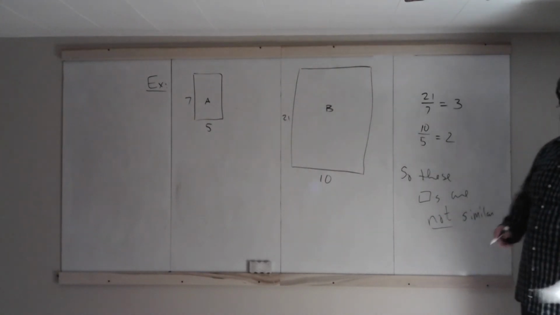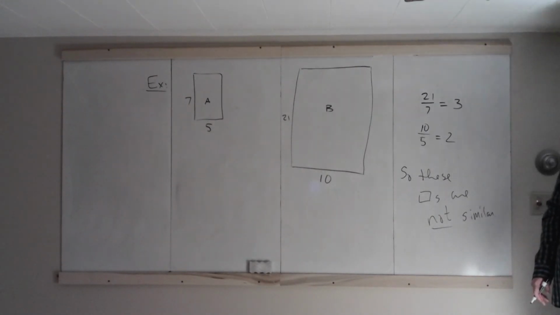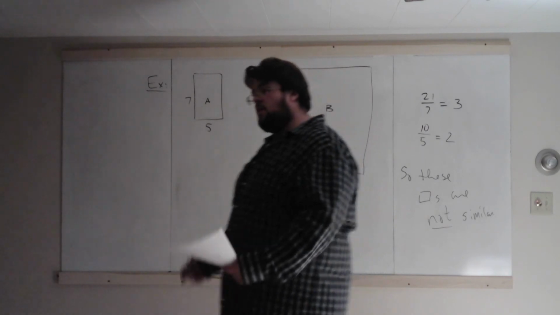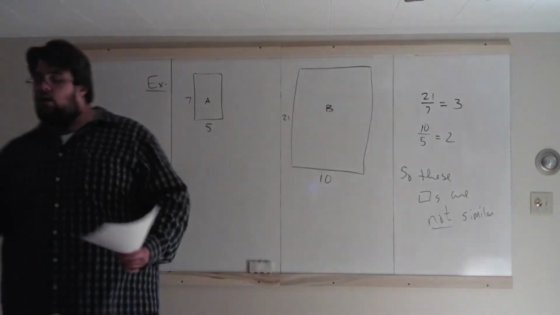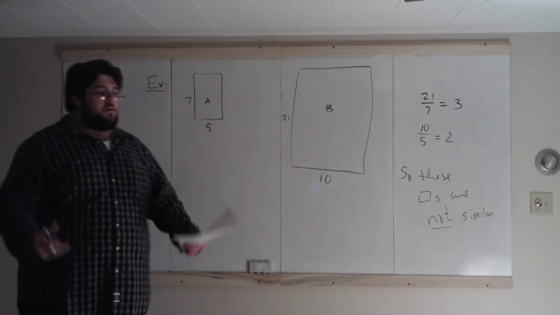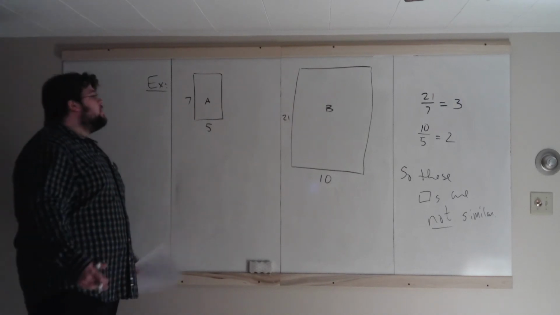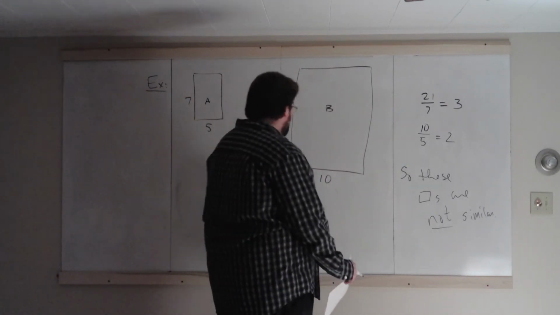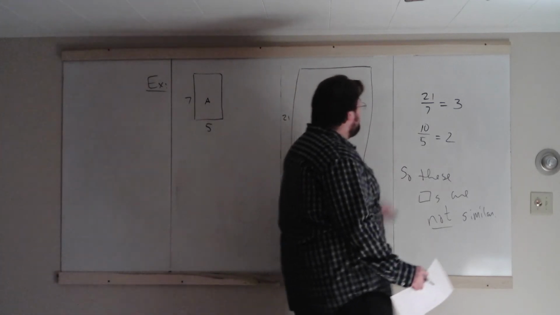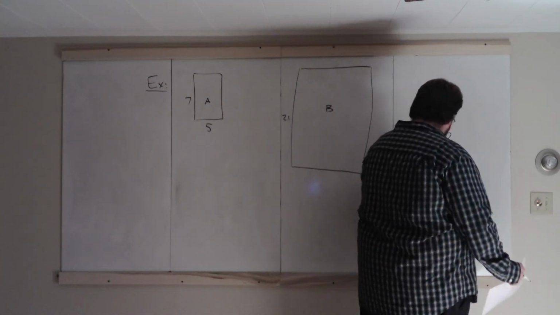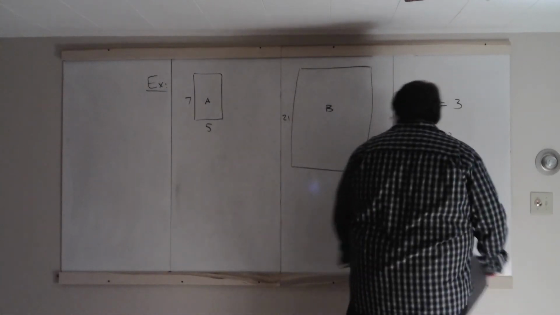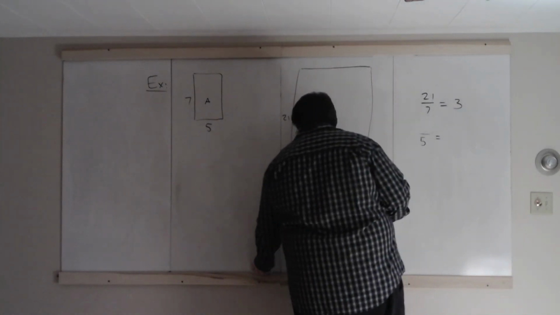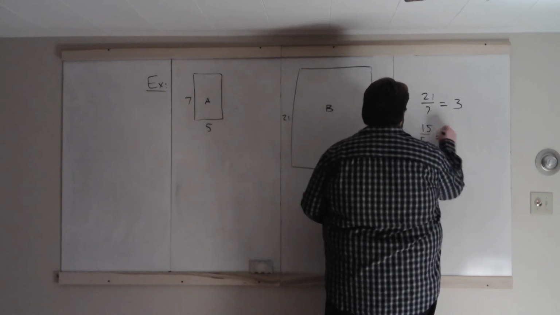Now, similar shapes really are just one shape is larger than the other, but they have the same shape. But it's larger in the same way in each direction. And we can measure that using these ratios. So in that first example, let's go back to the first example. Or in your notes, you can just write this as a remark next to your first example.